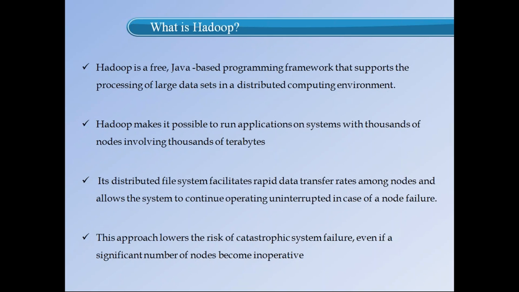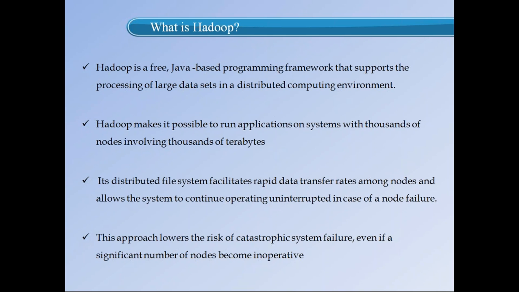The last point is that this approach lowers the risk of catastrophic system failure. What does catastrophic system failure mean? It means sudden system failure, even if a significant number of nodes become inoperative. I mentioned that in the second-to-last point, the same thing. Next, the main thing about Hadoop: Hadoop is free, and Hadoop is based on a framework which is used to process large data in a distributed computing manner.